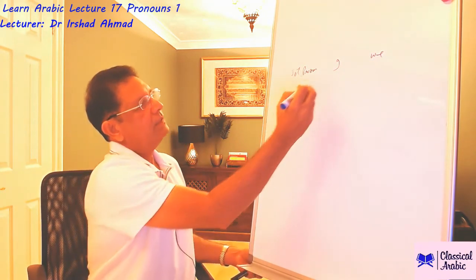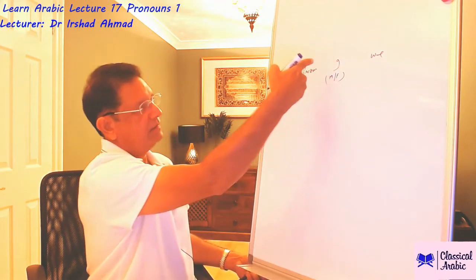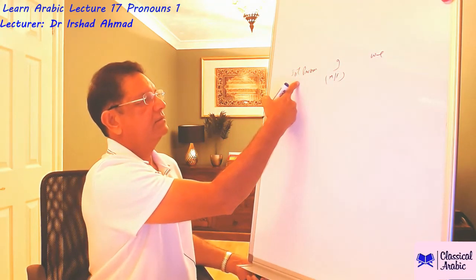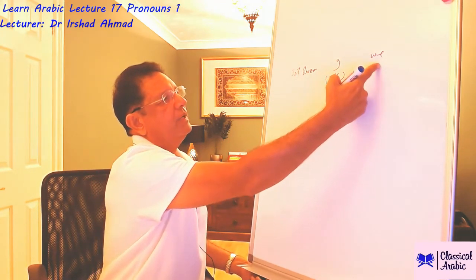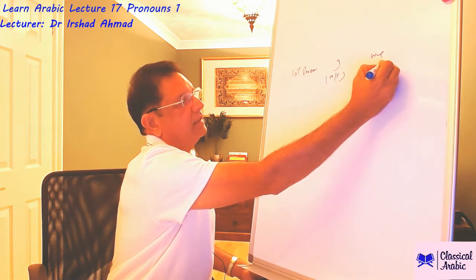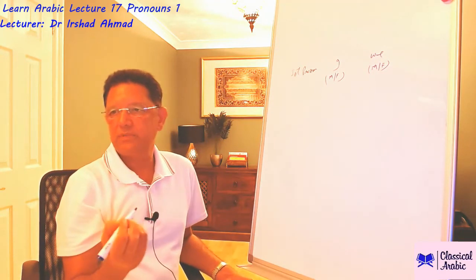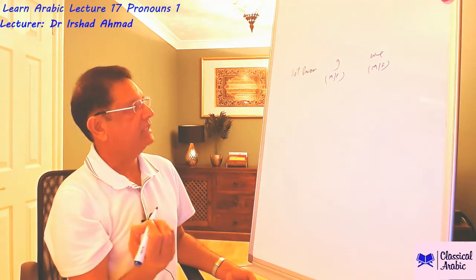So I is both for masculine and feminine, and it's singular in first person. We is plural and it's both for masculine as well as feminine. So these are first person pronouns in English.